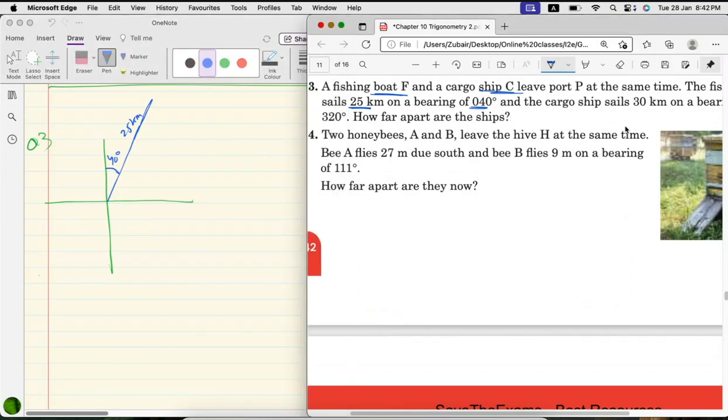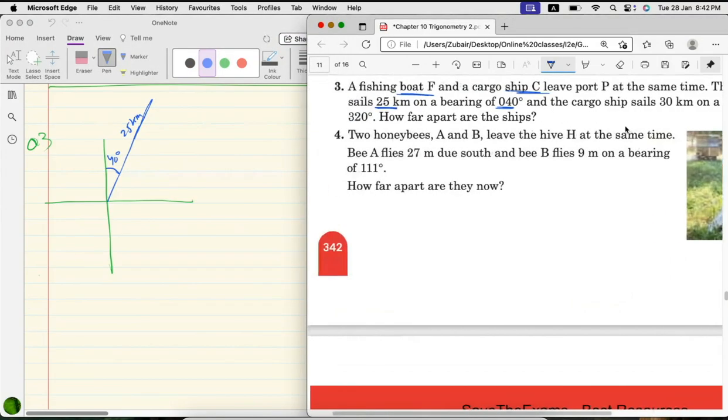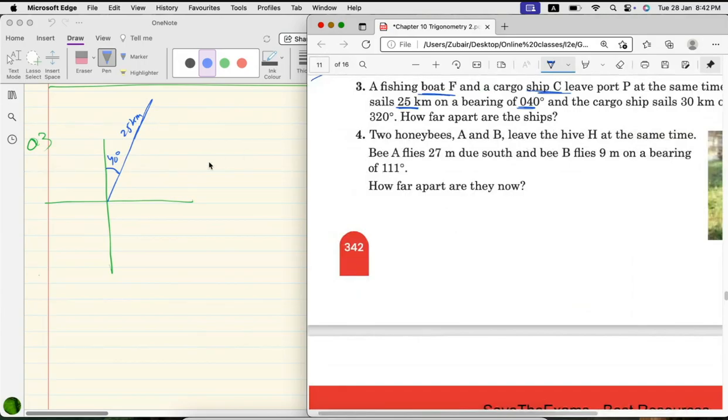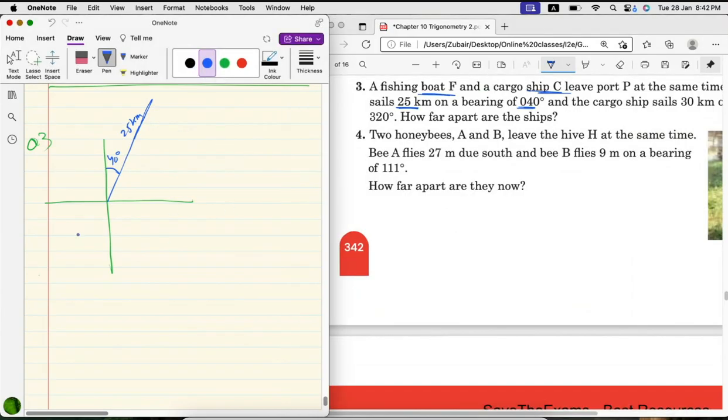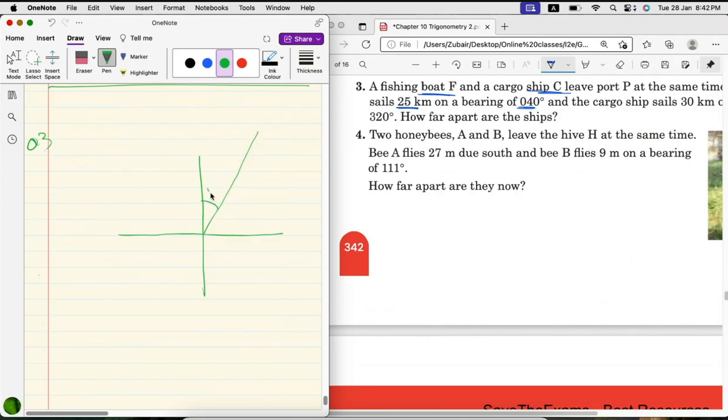And then the cargo ship sails 30 kilometers on a bearing of 320. 320 would take it on the other side. I need some space on the left hand side, so I'm bringing that down. 40 bearing and 25 kilometers.